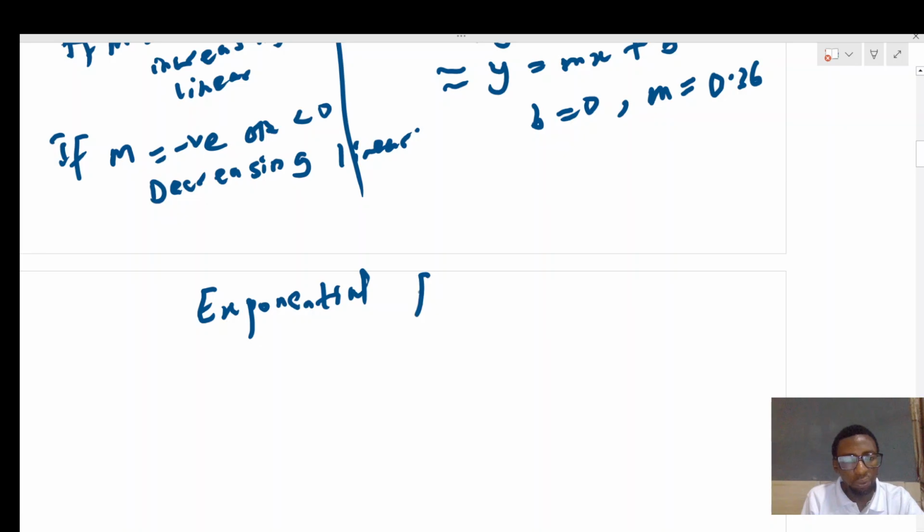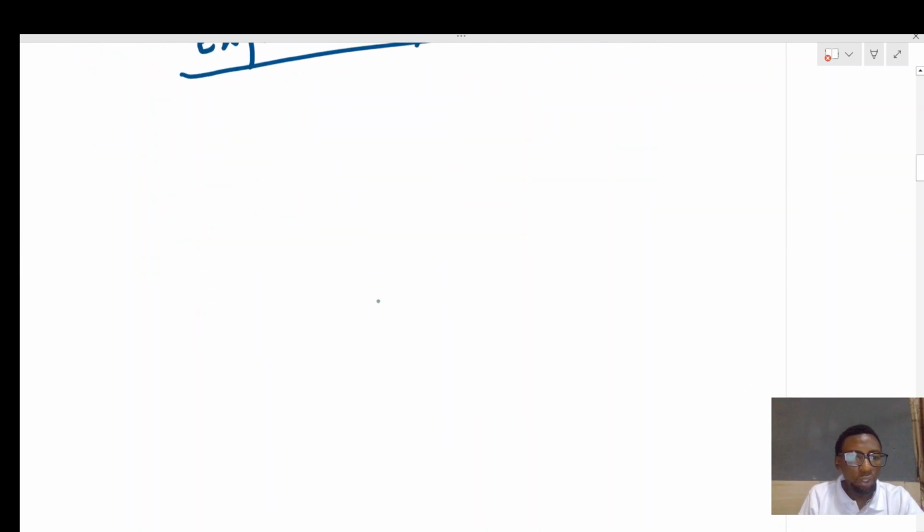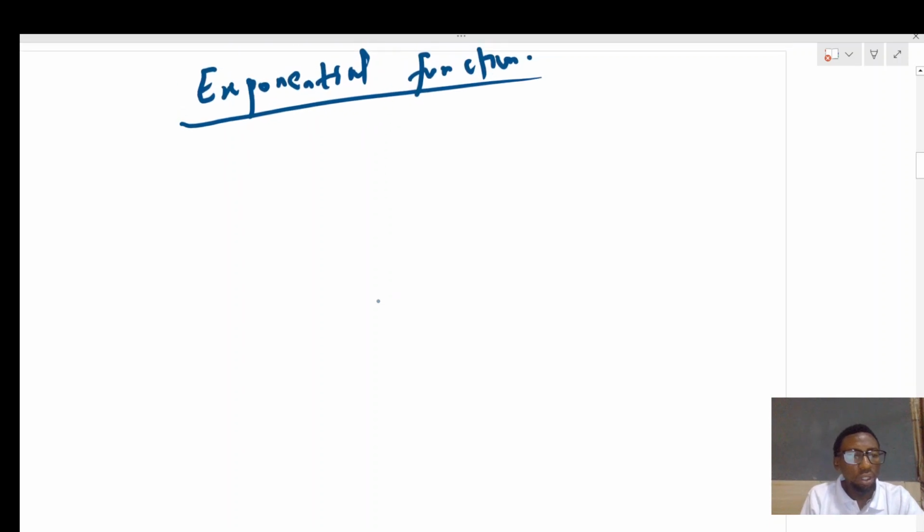For an exponential function, y equals a times b raised to the power x.